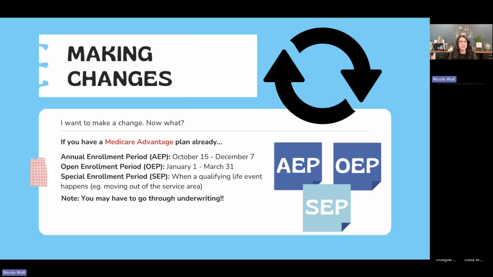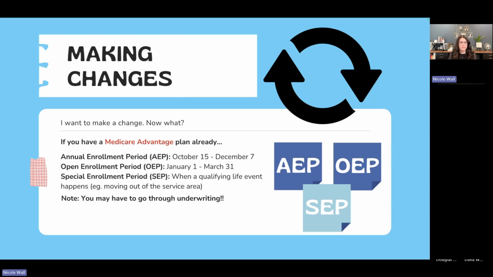When you turn 65 or enroll in your Part B later, whichever one is later, starts this 6-month timer for when you have guarantee issue into any Medicare Supplement plan. People may delay their Part B because they continue to work, so we don't want to penalize those people for working past 65.